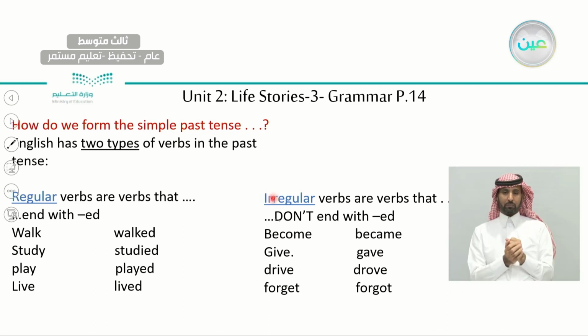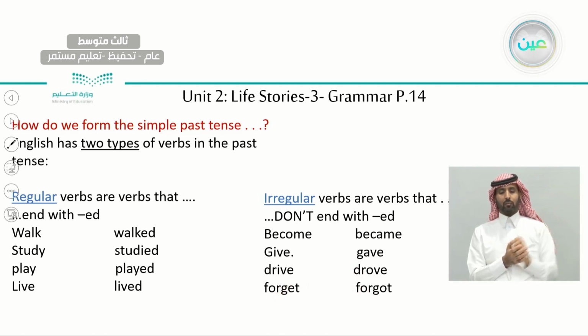So the other type is the irregular verbs, okay? We don't put ed at the end. It doesn't take ed at the end. Like what, Miss? Become, it changed to became. Give, gave. Drive, drove. Forget, forgot, okay?